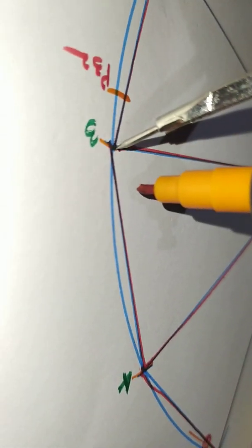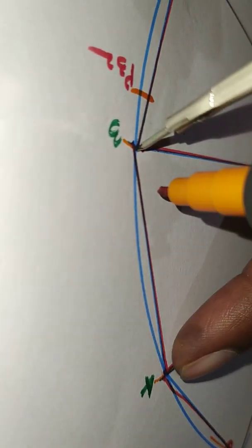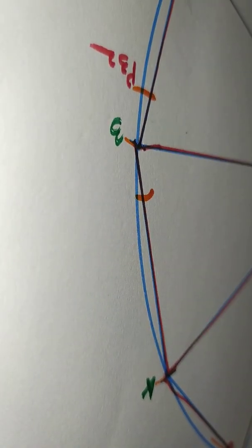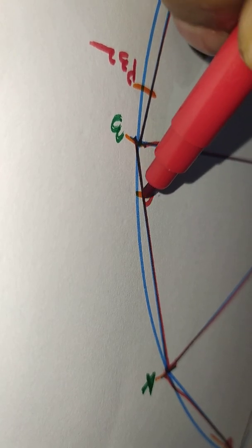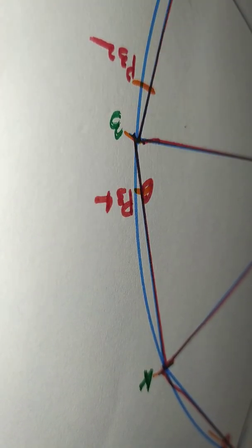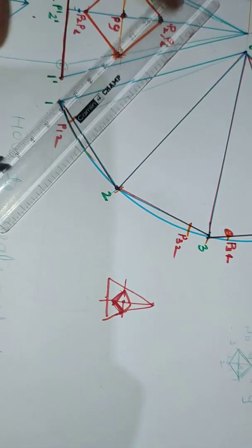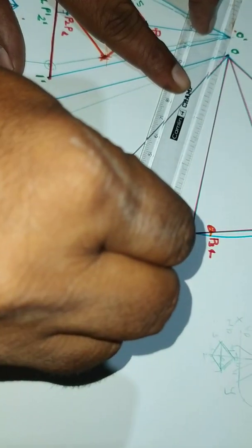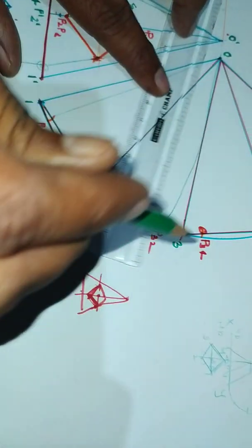Now I have created the slant edge here. Just we have to draw the projection faint lines.